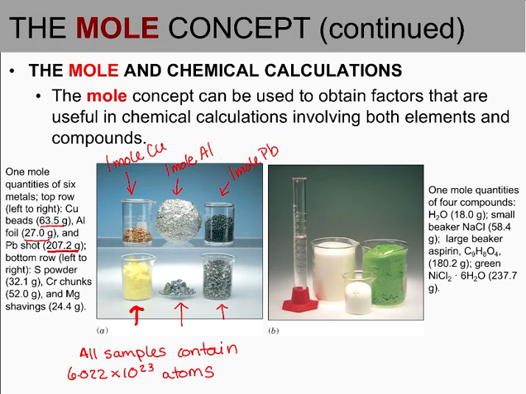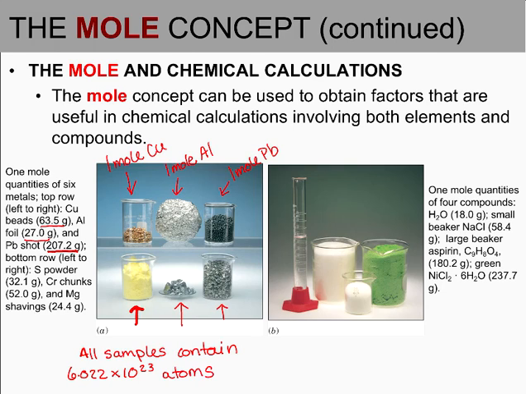But each atom is going to have a different mass based on what we see on the periodic table. So sulfur, for instance, weighs 32.1 grams per mole, whereas lead weighs 207.2 grams per mole. So even though it looks like we have different amounts of each element, we actually have the same number of atoms, it's just that they're going to weigh different amounts.